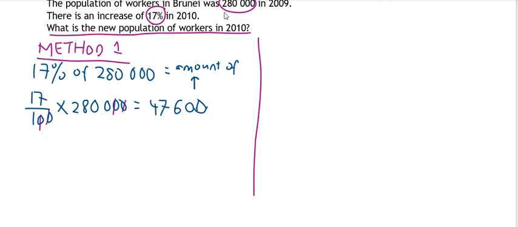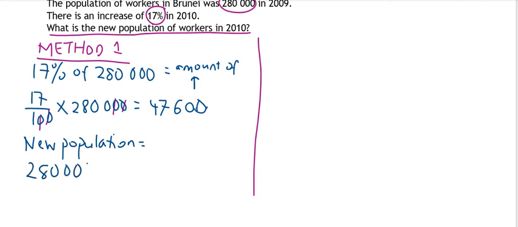So therefore, the new population will be 280,000, and then you add 47,600. So your answer will be 327,600, right?